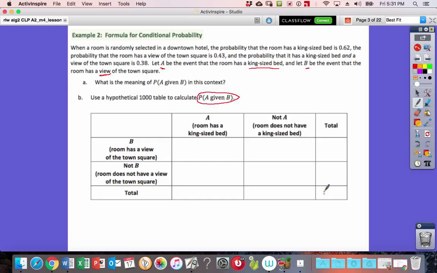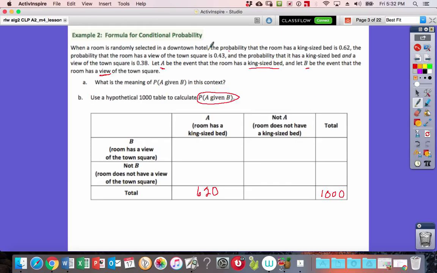So if you remember correctly on those, we fill out this for sure. Okay, we picked 1,000, so it's easy to put the numbers in, or we could do probability, but now let's leave it as 1,000. They tell me the probability the room has a king-size bed is 0.62. 620 of them must have a king-size bed because that's 62% of 1,000.